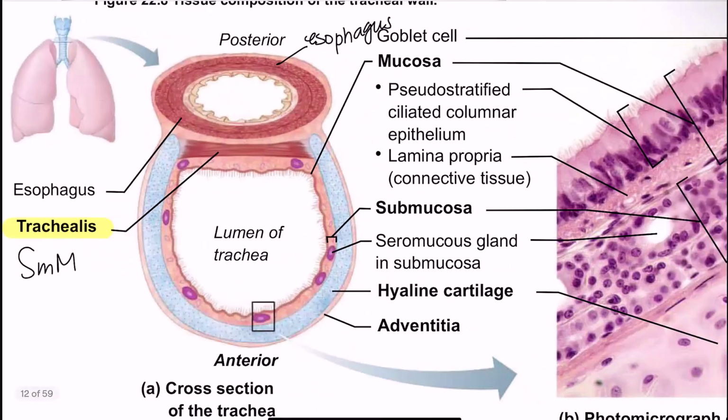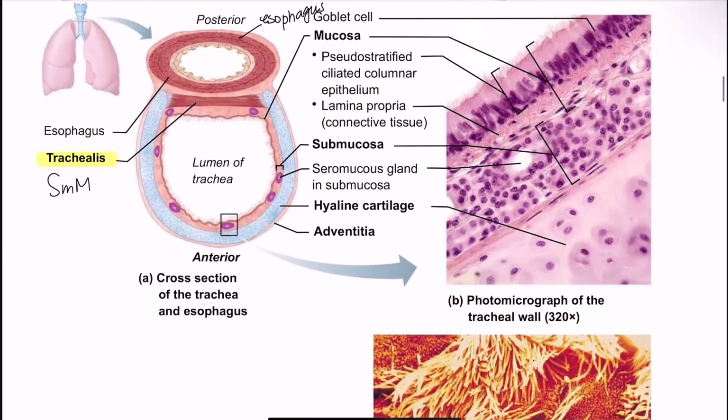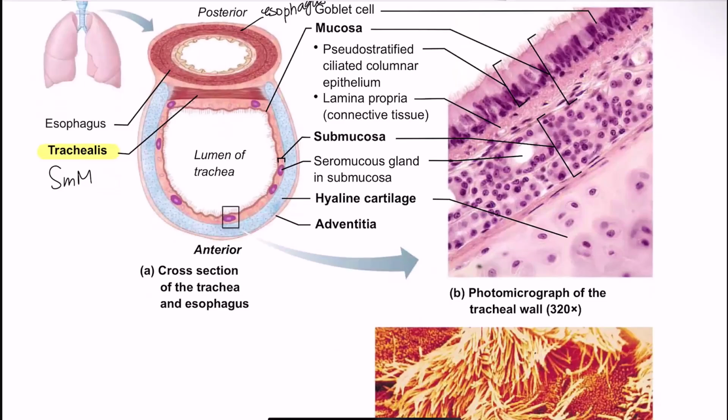The trachea is lined with pseudostratified columnar epithelium. That's a big word. Pseudostratified ciliated columnar epithelium. Pseudostratified means that there's one layer of column-shaped cells, but it doesn't really look like one layer. That's why it's pseudostratified.